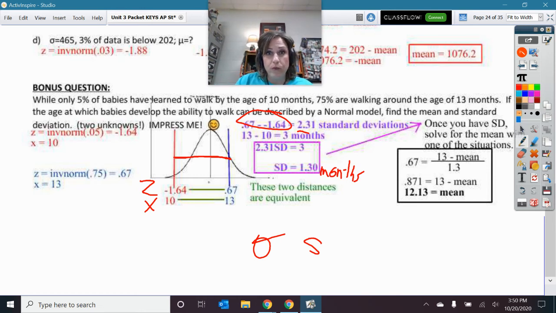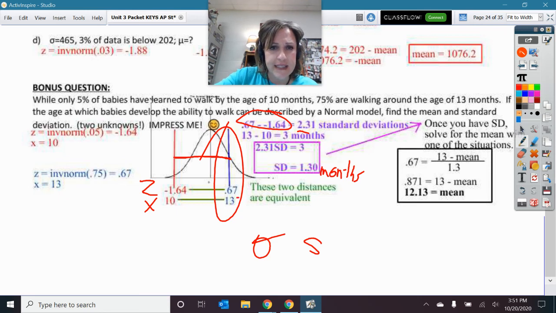And so with your substitution, with your systems of equations, once you find one of the variables, now go back to one of the equations and solve for the other missing item. So just pick one of these locations. You have an x, you have a z, you have a standard deviation.